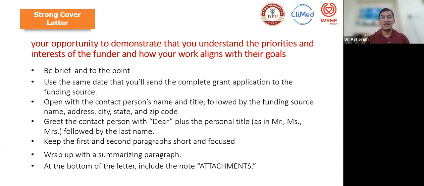Use the same date that you will send the complete grant application to the funding source. Do not write the date since you started writing the proposal. Mention the correct date when you are going to submit the entire proposal. That's very important. Open with the contact person's name and title at the top.